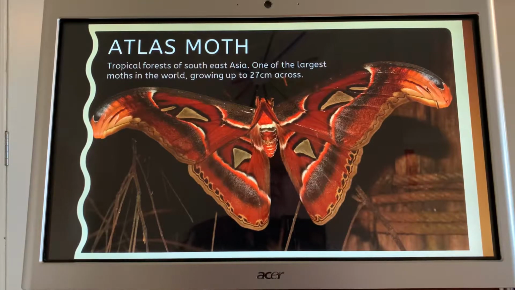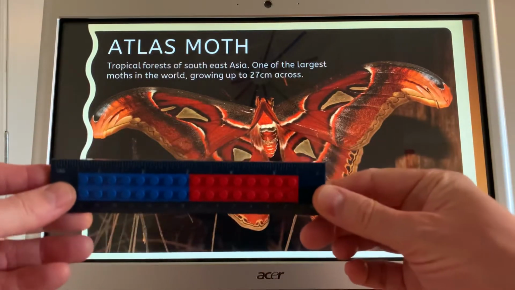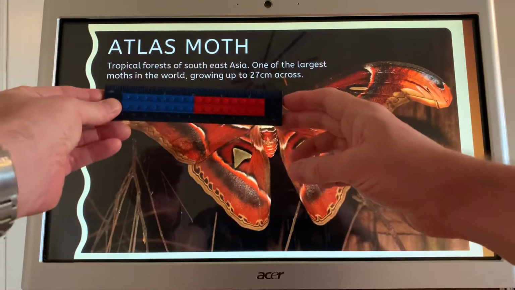Now the Atlas moth. Tropical forests of Southeast Asia. One of the largest moths in the world, growing up to 27 centimeters across. Wow, 27 centimeters. Now, the normal big rulers that we used at school are normally 30 centimeters. But I've got a 15 centimeter ruler here.